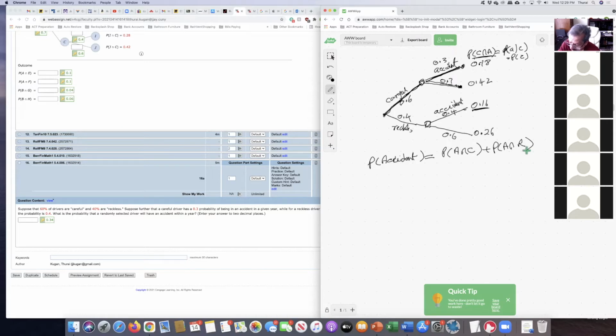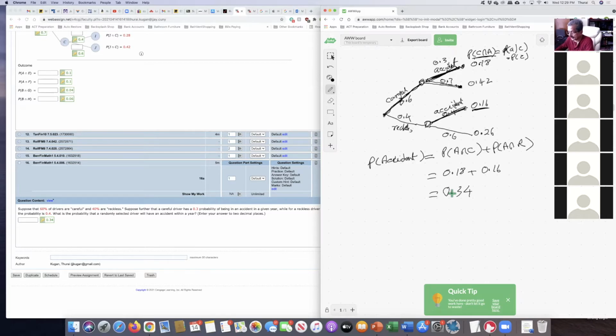We did that in the last class. Basically, all the branches where the accident is, you need to add them up. So that will be equal to 0.18 plus 0.16. So that's the probability for accident.